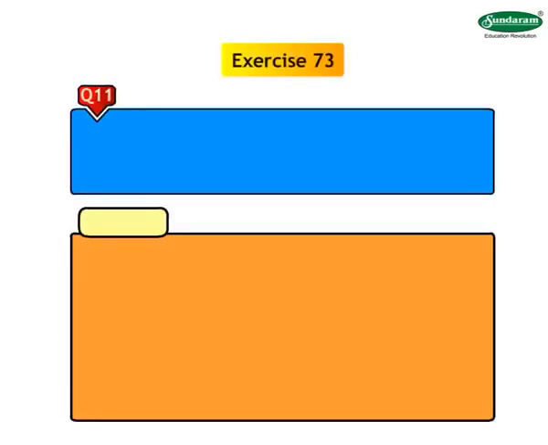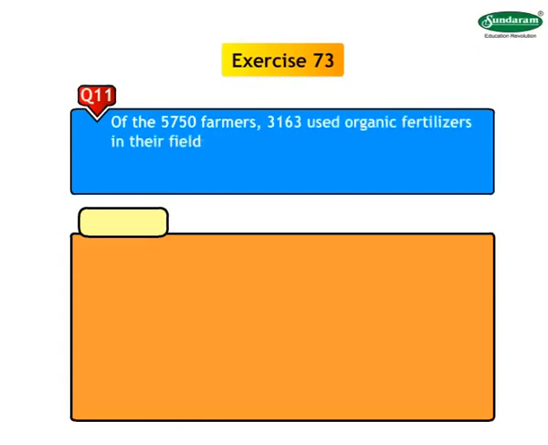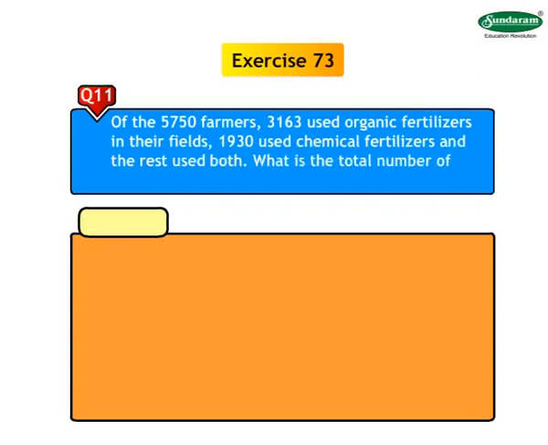Question 11. Of the 5,750 farmers, 3,163 used organic fertilizers in their fields. 1,930 used chemical fertilizers and the rest used both. What is the total number of farmers who made use of organic fertilizers?